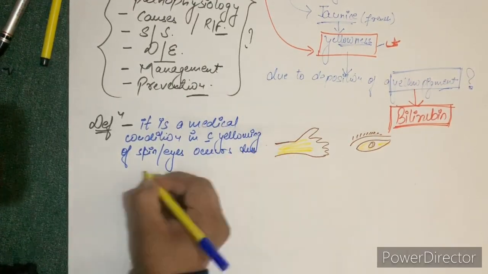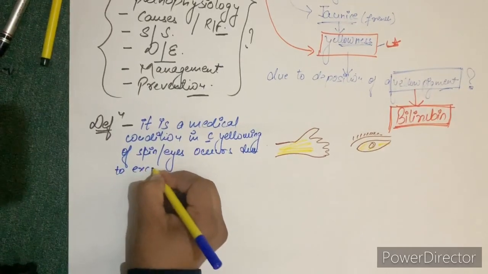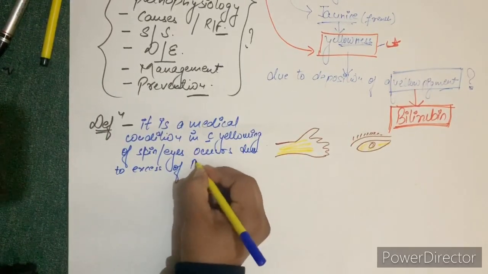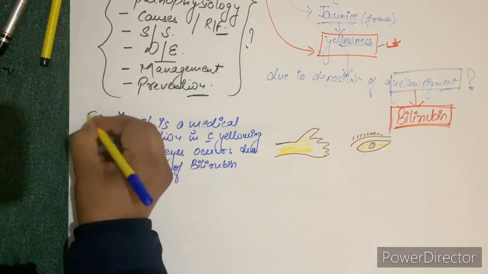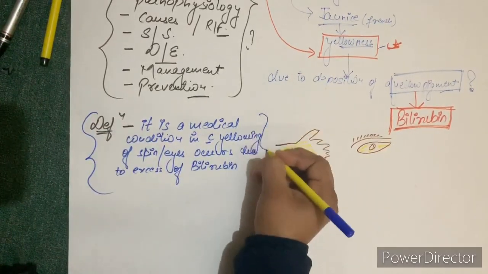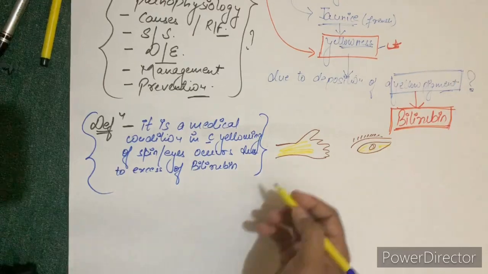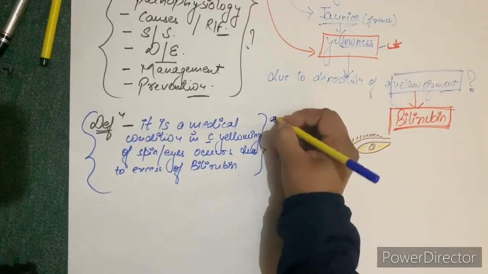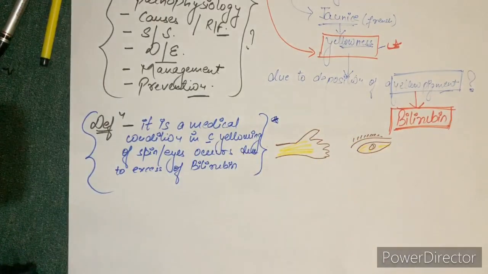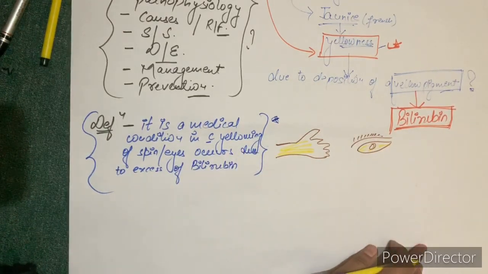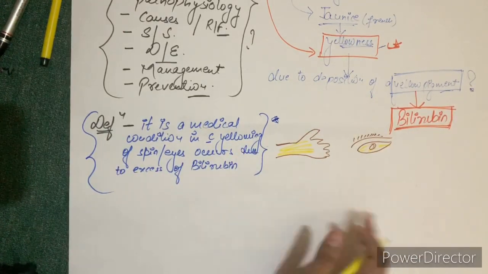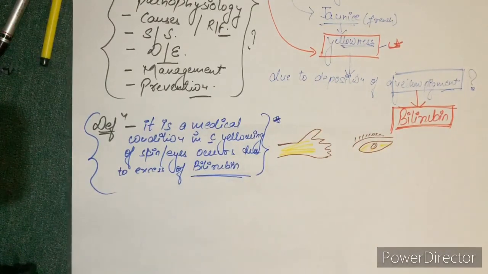due to excess of bilirubin. This is a short definition of jaundice. In normal language, it is a medical condition in which yellowing of the skin and eyes occurs due to the excess of bilirubin, or you can say yellow pigment.